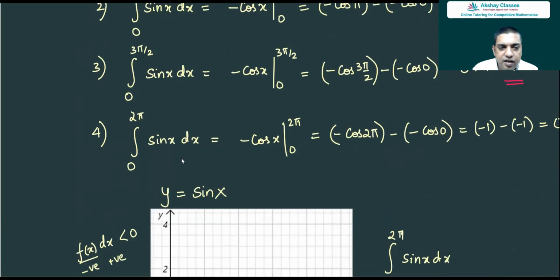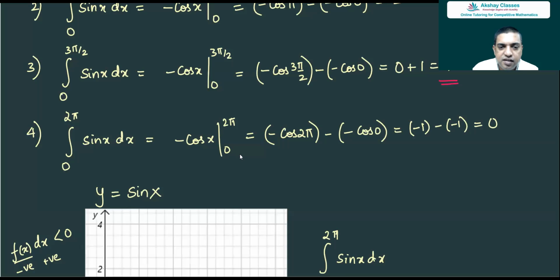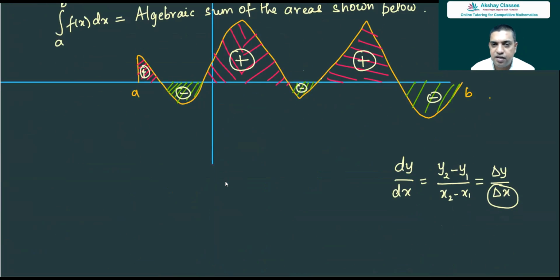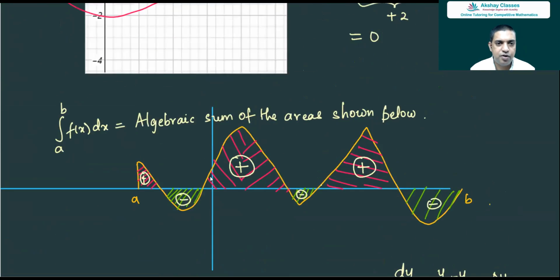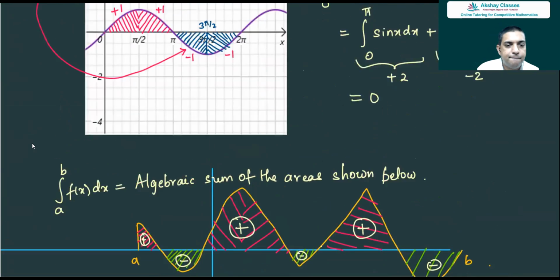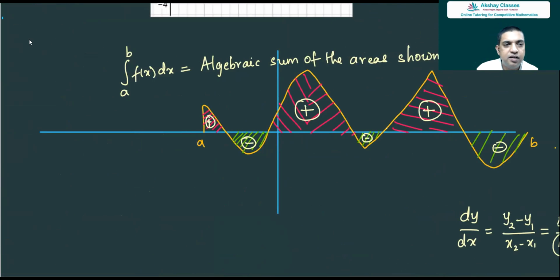That's why the integral 0 to 2 pi sine x dx has the value 0. So we did this up to this point, and we'll proceed from here.